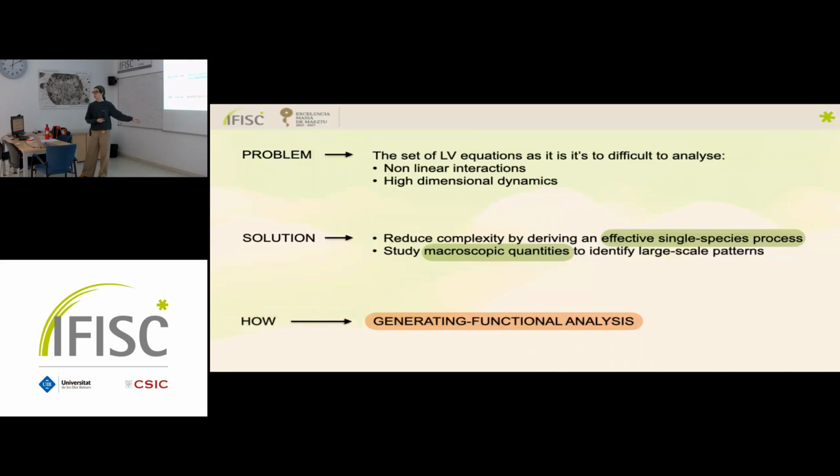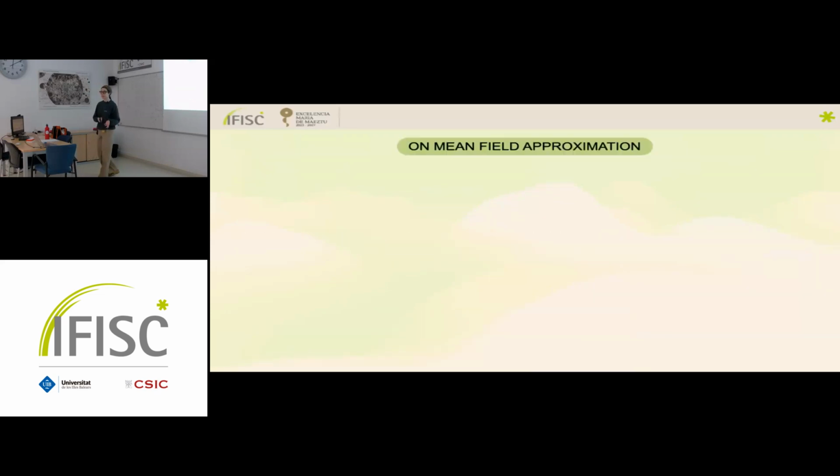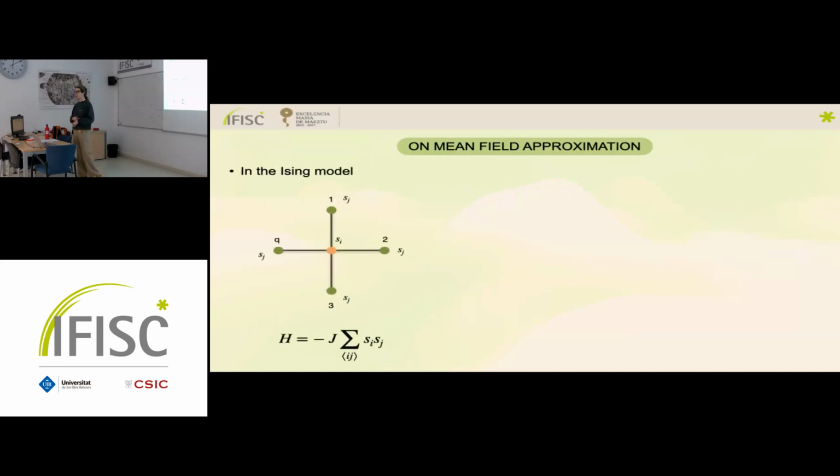Before diving into generating functional analysis, I want to explain a little better what effective single species process means, because the name could be confusing. Basically, it is a mean field approximation applied to a Lotka Volterra system. I think we all know about mean field approximation; it has been introduced to all of us via the Ising model. The general idea is that we have an Ising model, a spin that interacts with all its nearest neighbors, and a Hamiltonian with an interaction term.